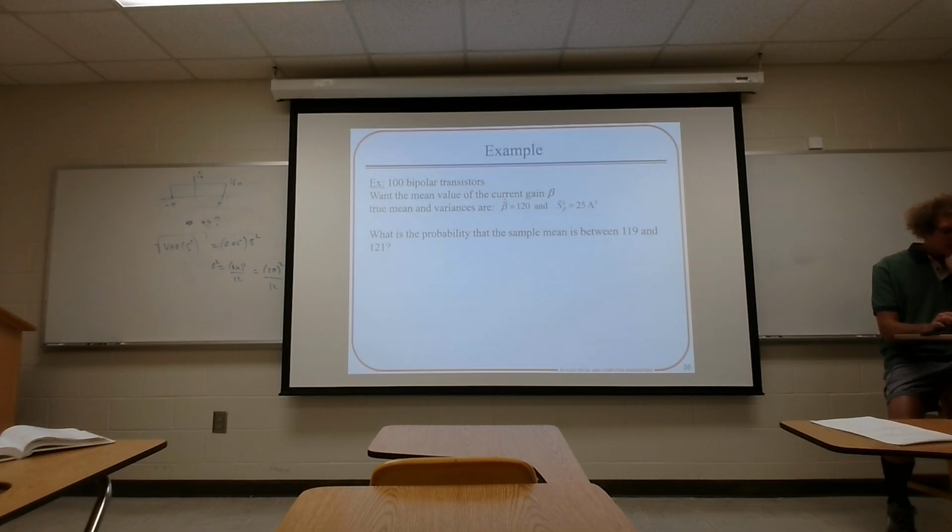If we have 100 bipolar transistors and we want the mean value of the current gain beta, and the true mean is 120, and the true variance is 25, or I'm sorry, the sample variance is 25. What is the probability, and this really showcases what I'm trying to get at, it's a perfect example, what is the probability that the sample mean is between 119 and 121?